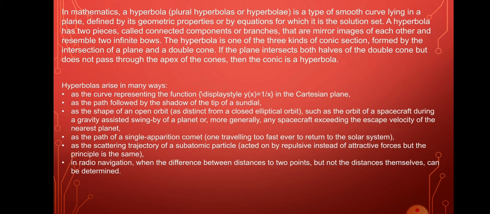Hyperbolae were discovered by Menaechmus in his investigations of the problem of doubling the cube, but were then called sections of obtuse cones. The term hyperbola is believed to have been coined by Apollonius.